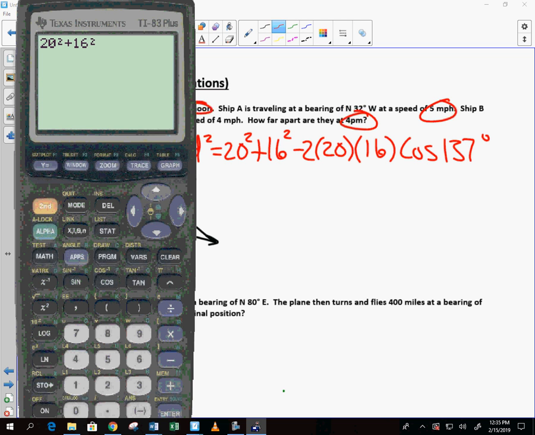Wow. Somebody's not a. Wow. 1124. Is that the distance? What do I got to do?